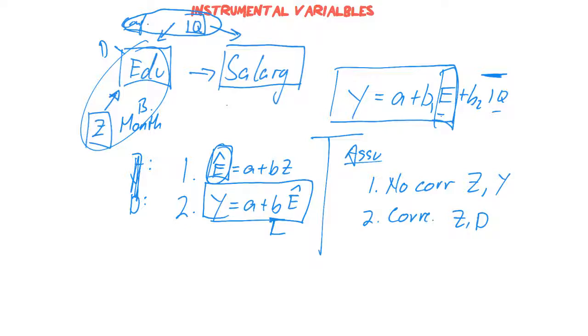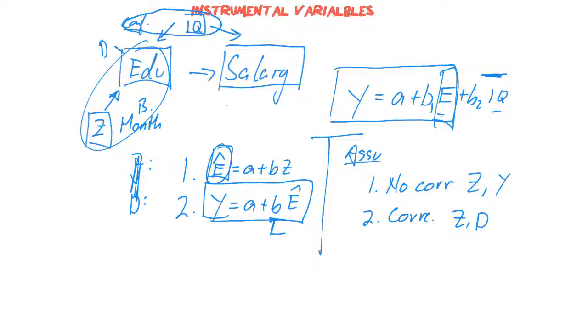Another problem is that if you look at these two assumptions, maybe they are weakly fulfilled. So maybe there's a small problem with the second assumption and a small problem with the first assumption. And maybe you think, it's a small problem with both assumptions, so it's going to be quite okay.